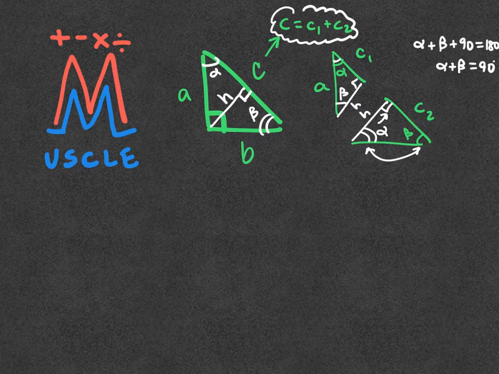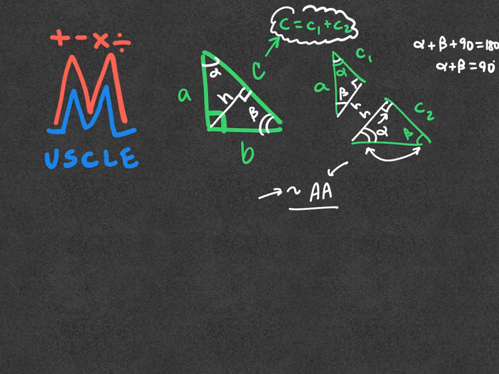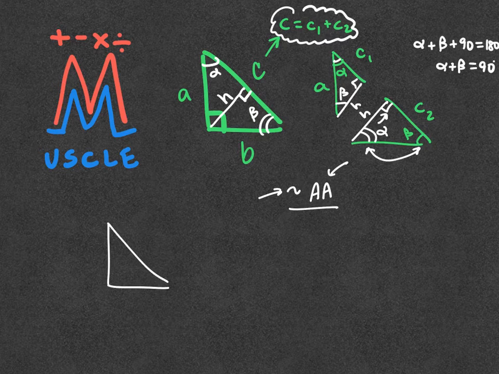Therefore, now I've got similar triangles. In geometry, two pairs of congruent angles in any two triangles give you similarity. This symbol right here means similar by angle. Therefore, these three triangles are all similar. So let's lay them out. I've got this triangle ABC with angle alpha, angle beta.